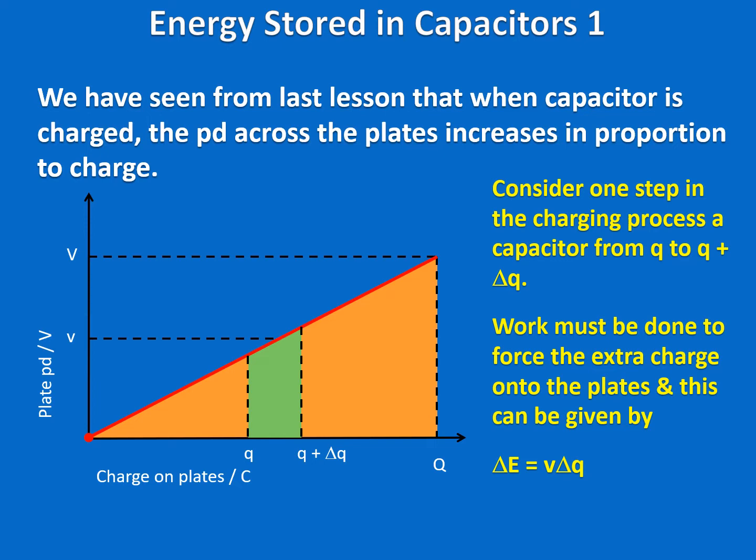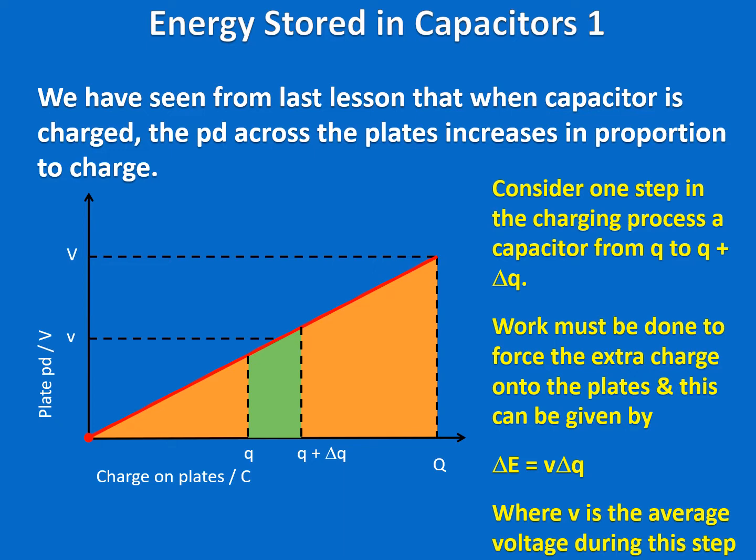So that energy change is going to be equal to the area under the graph. And we want to consider the average change under the graph. So we can find the energy by considering the charge and the voltage.